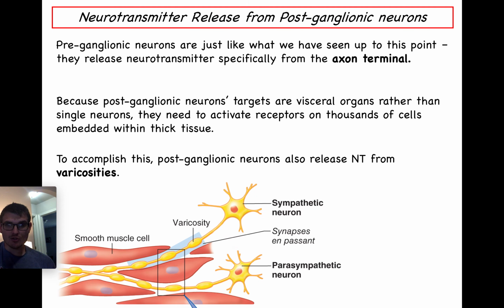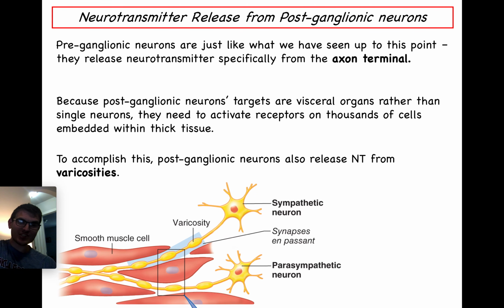And we have to do this for a specific reason. With neurons that we've seen before, the type that only release neurotransmitter from the axon terminal, we're only trying to stimulate one particular cell. In this case, we are trying to stimulate a whole tissue, which contains thousands, if not millions, of cells, all at once.